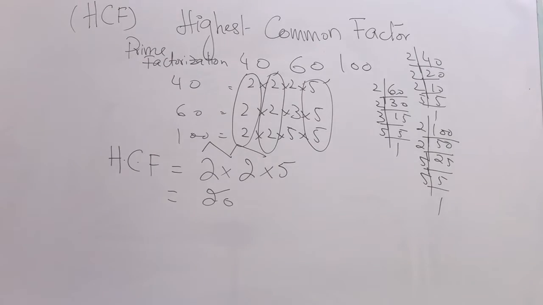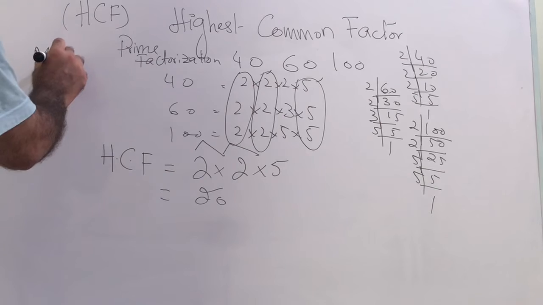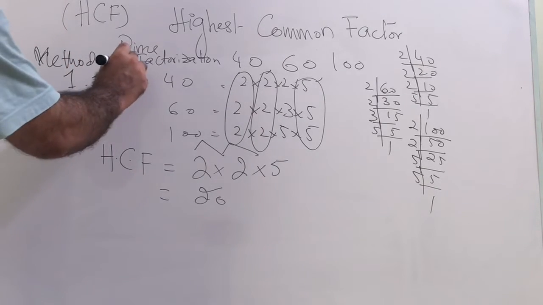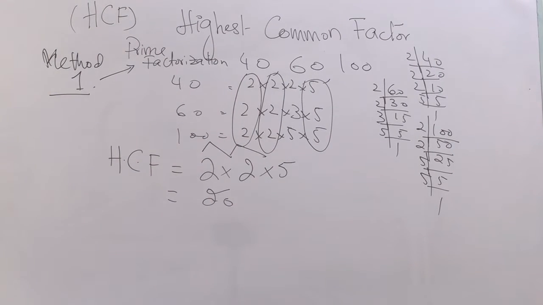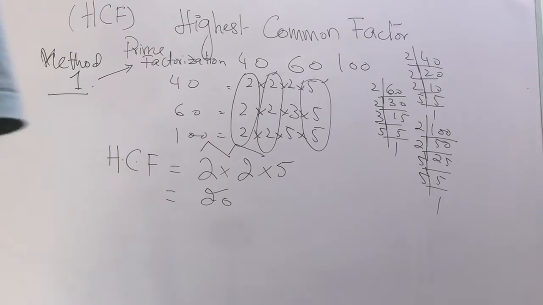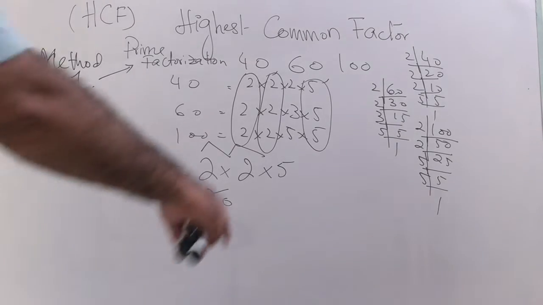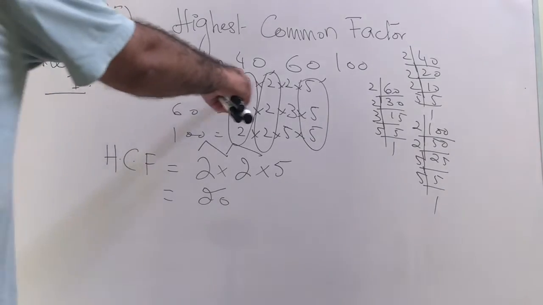I'll recap this question, which was method 1. Using prime factorization, we found out the highest common factor of 40, 60 and 100. On the right hand side, we found the prime factorization for 40, 60 and 100, and we wrote these in 3 rows with a multiplication sign.